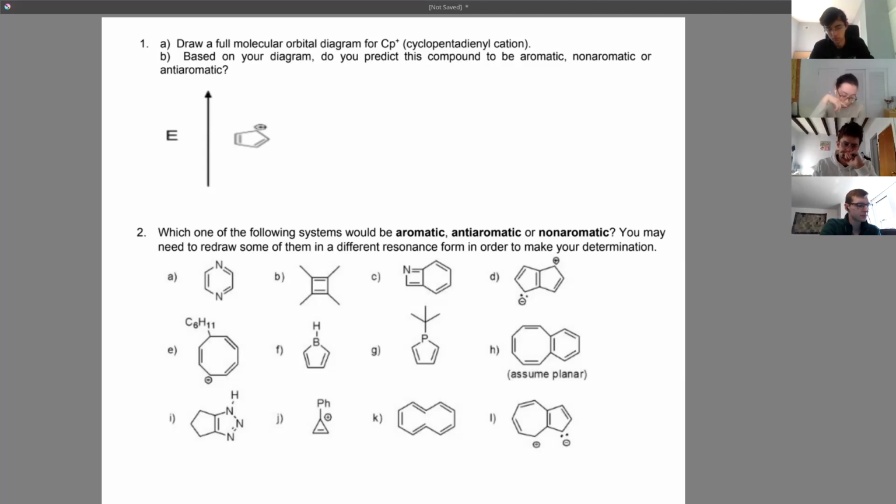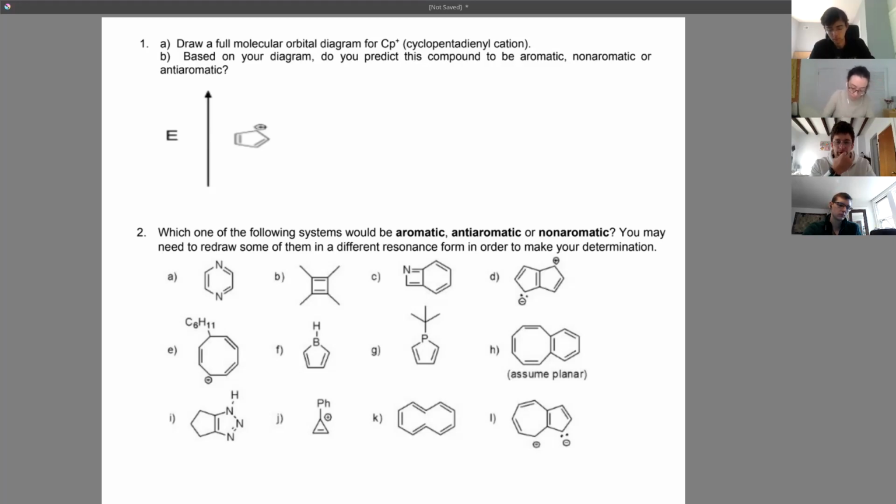But even if you did that, I think they can all conform to sp2, just like we talked about with L, to allow that double bond to resonate around. Okay, I got what you're saying. But I agree that it's probably anti because of the phenyl group, because that gives you 6 more pi electrons, so you're looking at 8 total. Perfect.